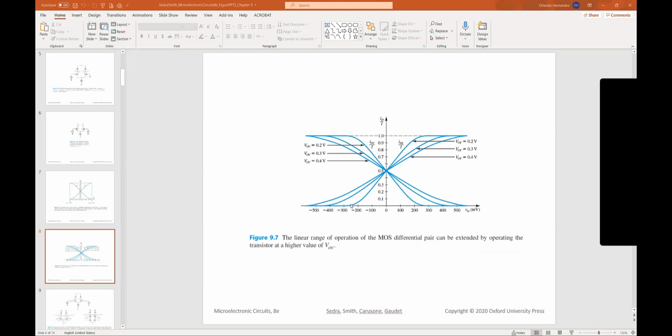So here you can see the actual transfer characteristic of the drain current normalized to the bias current for specific differential inputs in millivolts, very small, and how your input range varies for different overdrive voltages.